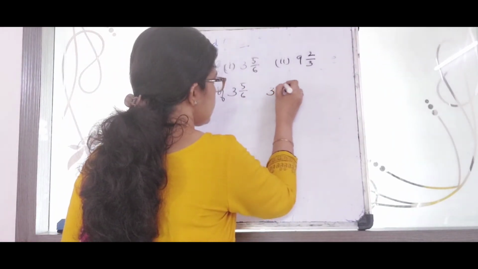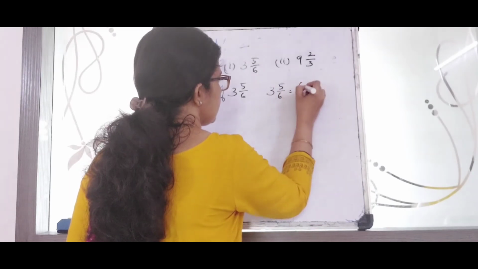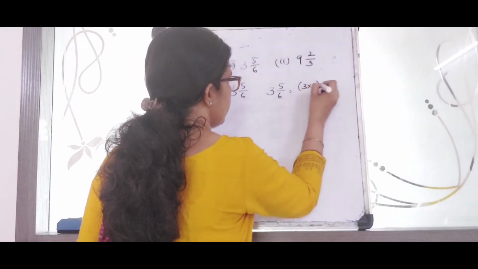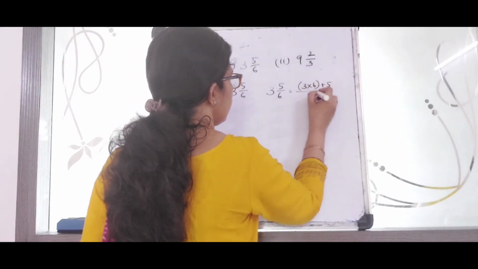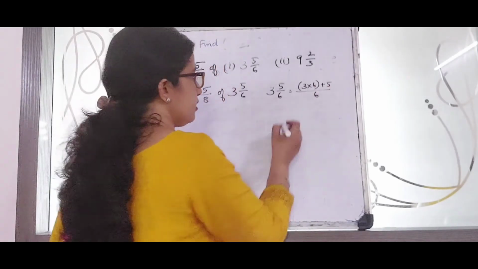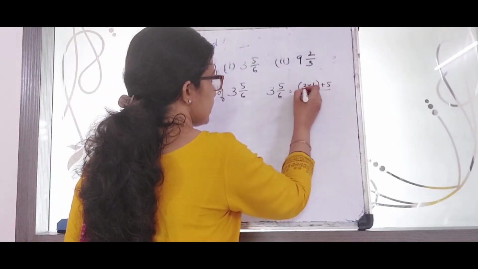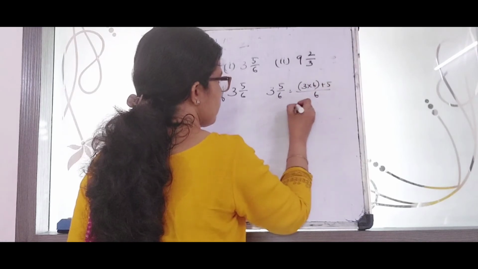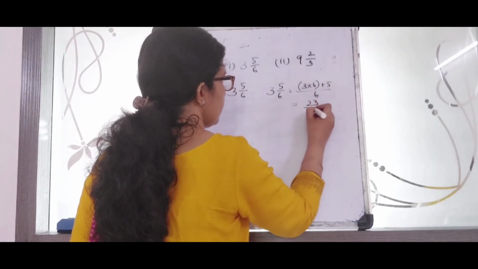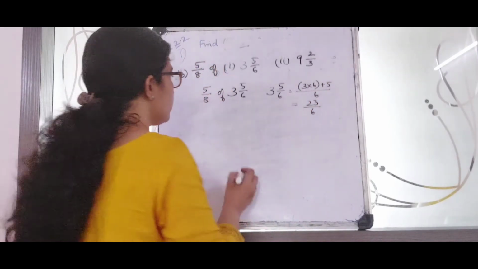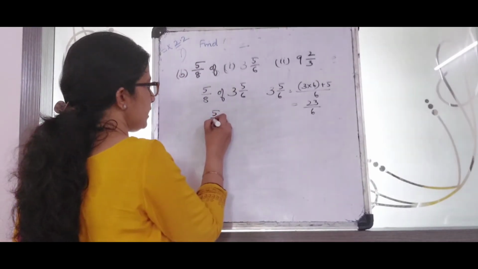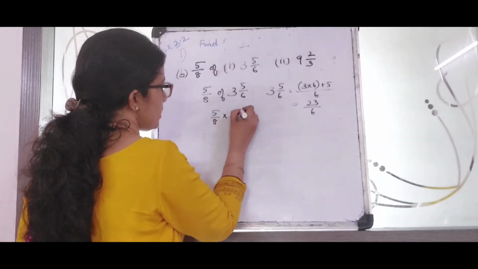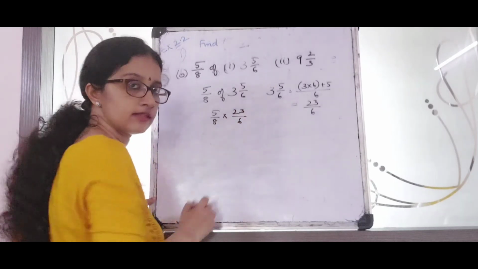So 3 5/6 can be written as (3 into 6 plus 5) divided by 6. Okay? So 3 into 6, 6 3s are 18. 18 plus 5 is 23, 23/6. Okay? Now 5/8 into 23/6.